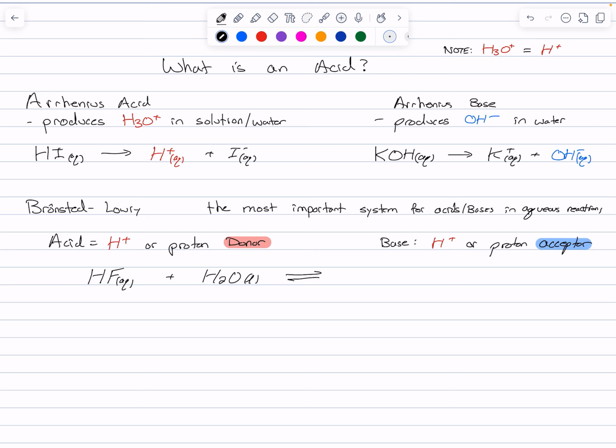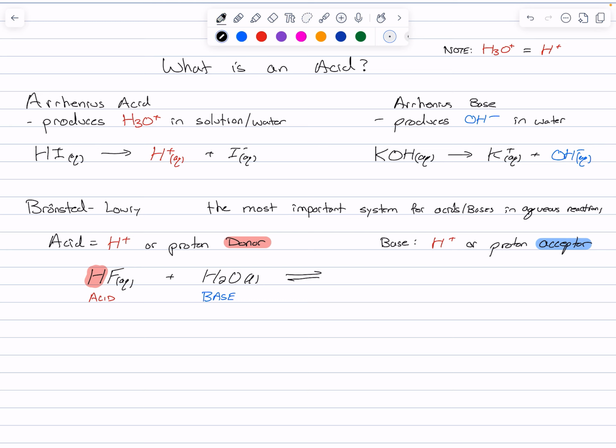All right. Well, if hydrofluoric acid is the acid, by definition, it's going to donate the H+, right? So right here would be the species coming off, the H+. There's the H+ going over. That means water would be the base.